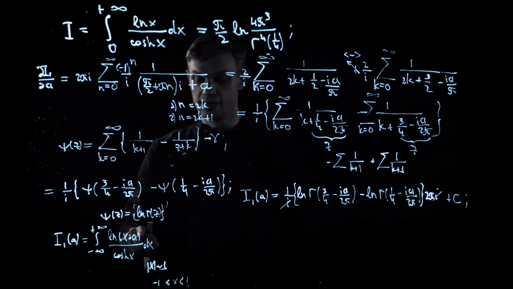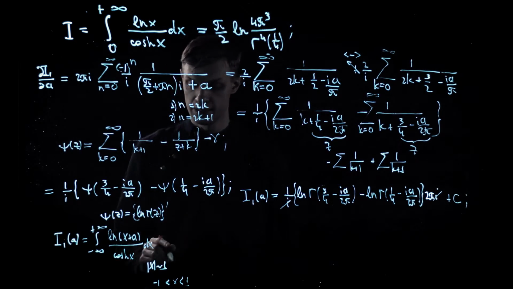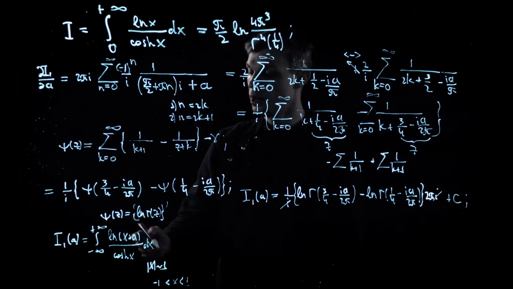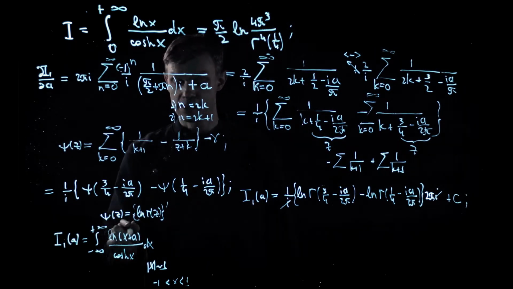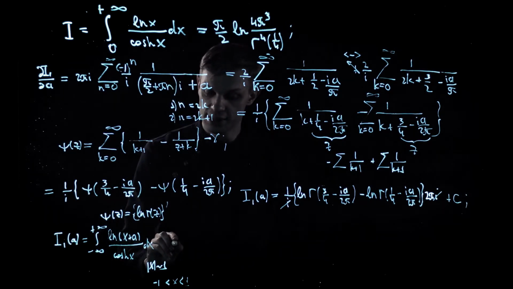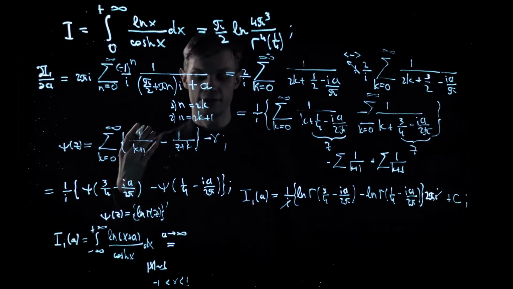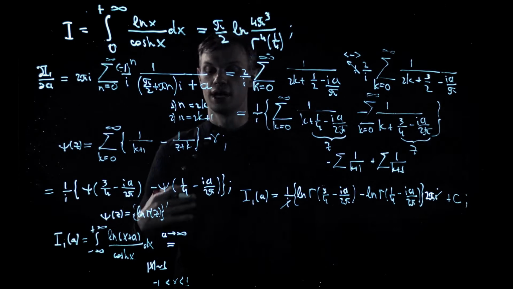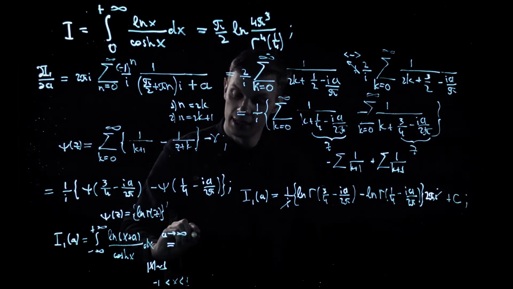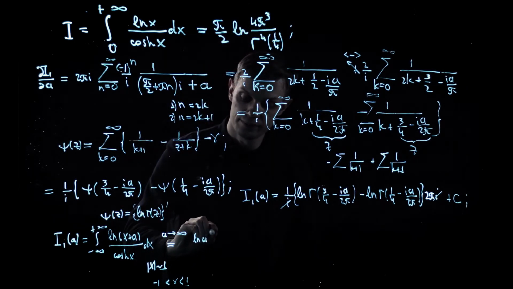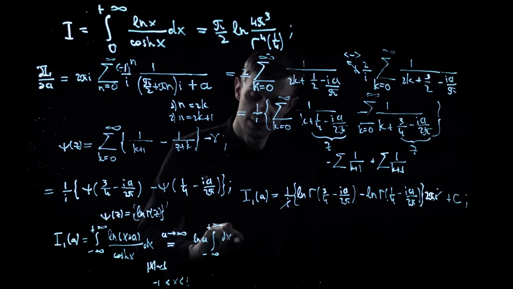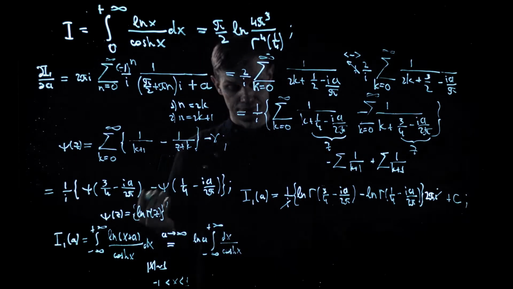So if a tends to plus infinity and the important x are of the order of 1, we can discard this x in the first approximation. We can discard this x when taking the integral. So if a tends to infinity, then the first expression in our asymptotic expansion would look like logarithm of a times the integral of a simple hyperbolic cosine function.